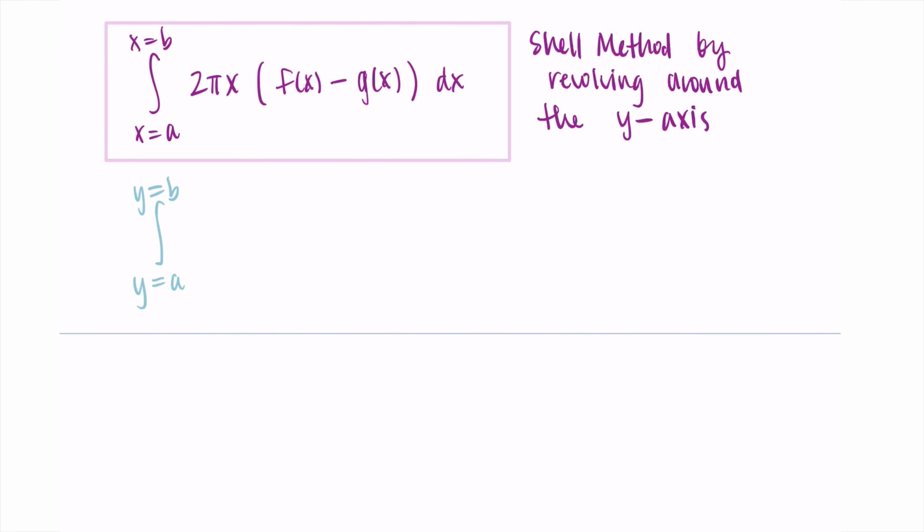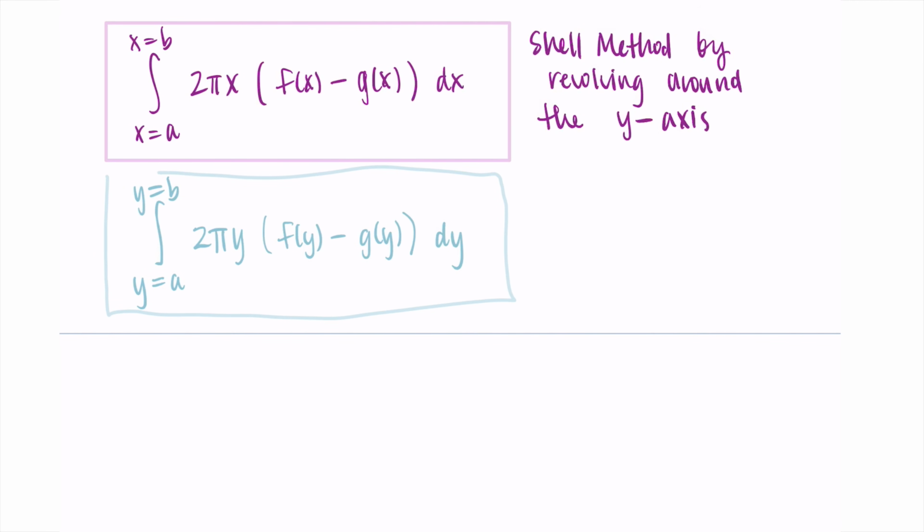So we go from A to B on the y. Now instead of x being the radius, it's just whatever the height is of where we are in our cylinders. So we're at y. And then we have our circumference, 2 pi y, we have the height of each cylinder, f of y minus g of y, dy. Wow, I'm full of typos right now. So literally, so many words just to tell you it's the same formula.